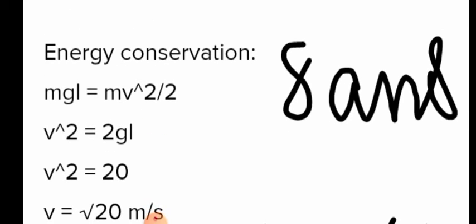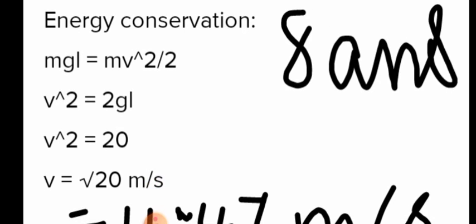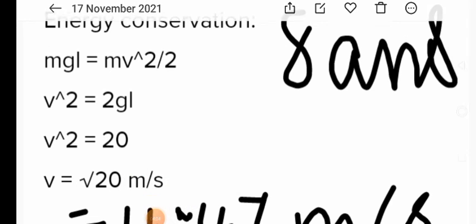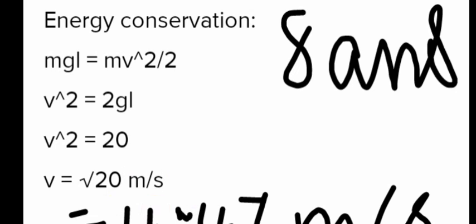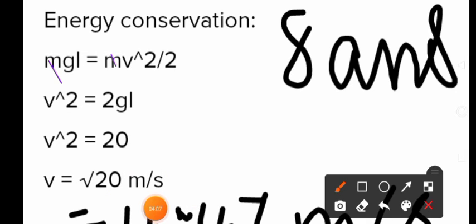So when you do the calculation, you can cancel m and m. Am I right, children? Mass can be cancelled, and the 2 is taken to this side. So v square equal to 2gL.